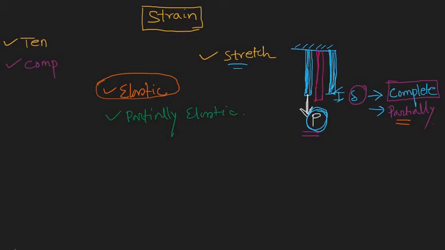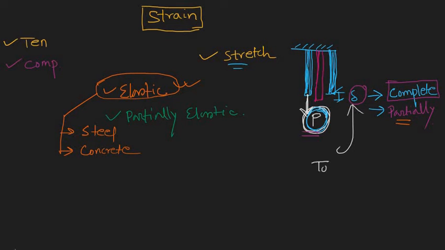Normally the materials that we deal with in our engineering life are steel or concrete. These materials are elastic provided that you are applying a load that is not causing too much deformation.